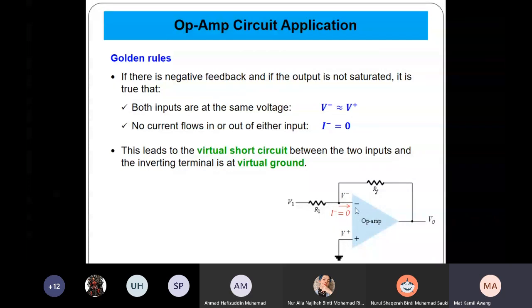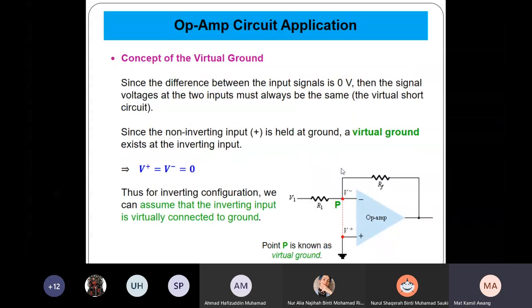And if this is a short circuit virtually, then this becomes virtual ground, because this also will follow the voltage of this terminal. So that's what we call a virtual ground. Okay? Any question?